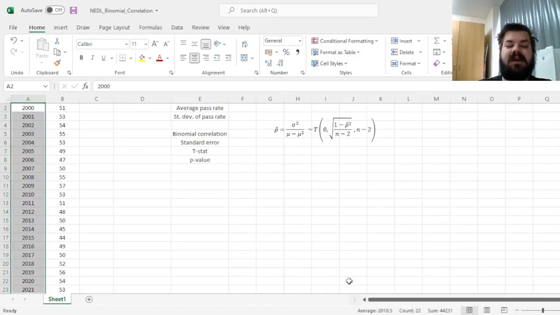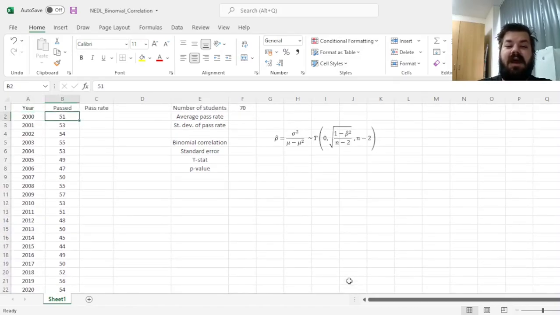We have got 21 years where a cohort of 70 students sits some exam, and we can record how many of the students in every single year passed this exam. And obviously we might want to know whether the successes or failures of individual students are correlated or not.